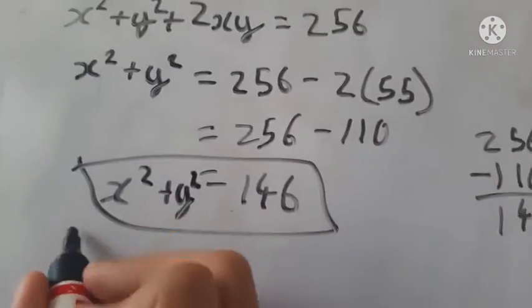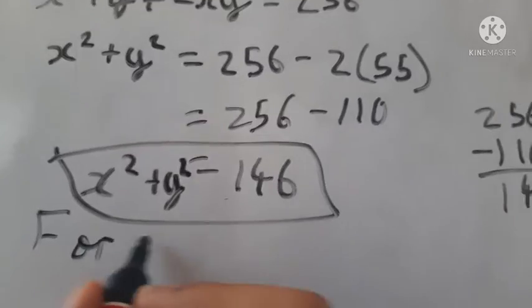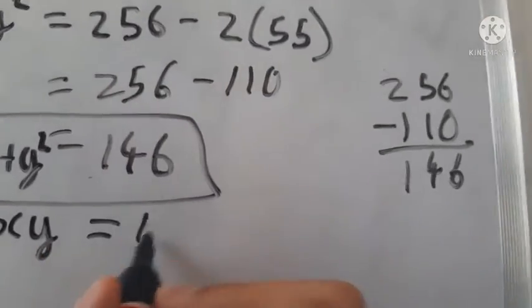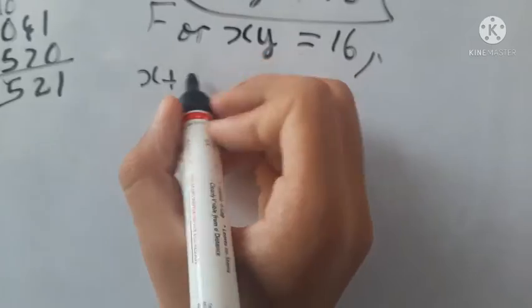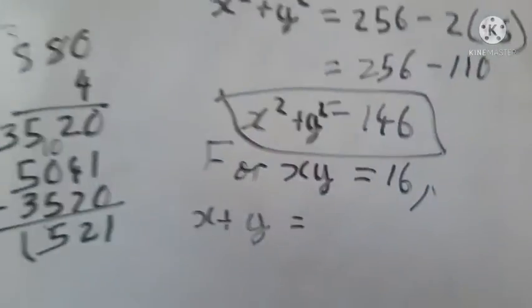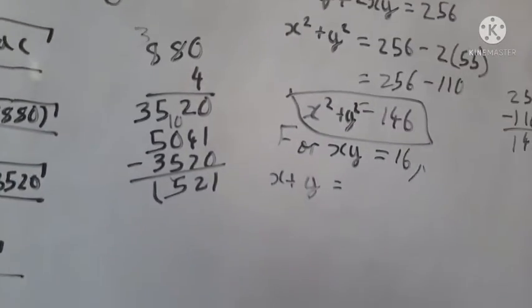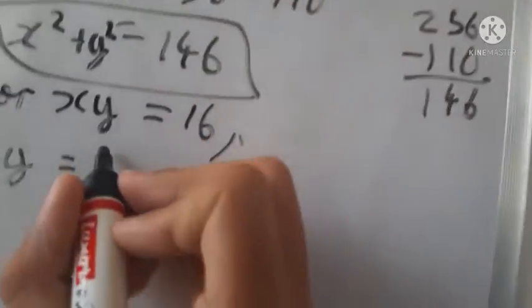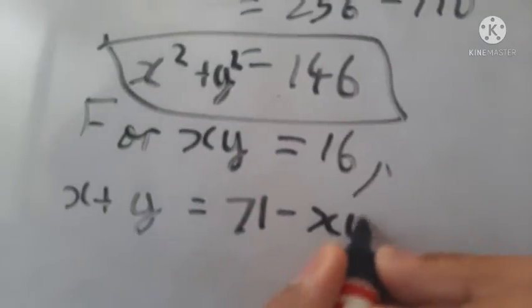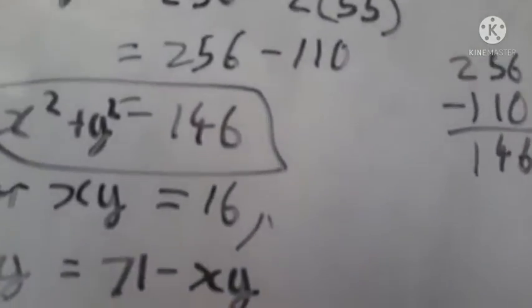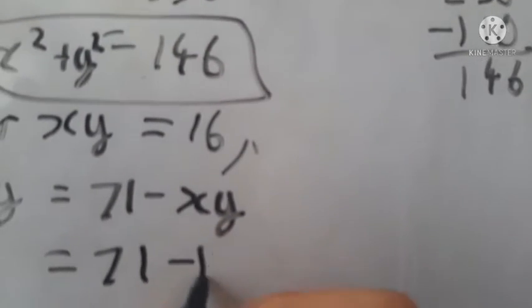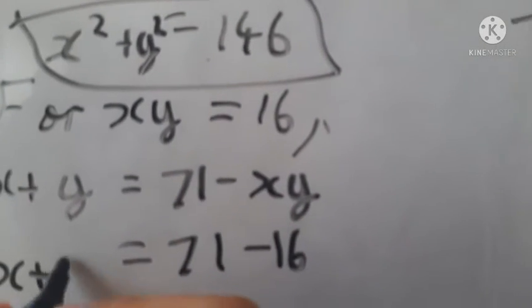Now we'll take xy is 16. We'll try to solve it in fewer steps because I don't have much space left. Let's use 71 minus xy now because that seems more convenient. 71 minus 16 is x plus y.